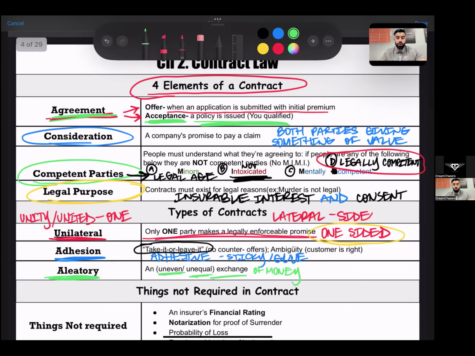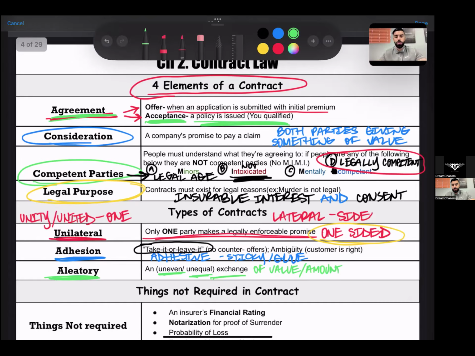Why? Because there will always be an unequal exchange of amounts or value. Okay. So actually, let's switch this. So not an unequal exchange of money, but an unequal exchange of values or amounts. Okay. Because you're more prone to seeing that on the test. An unequal exchange of amounts or an unequal exchange of value.